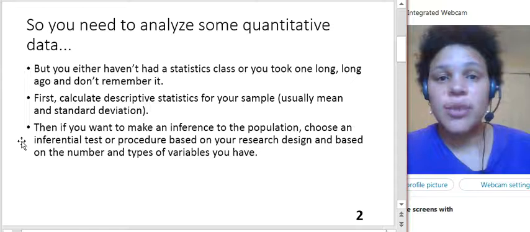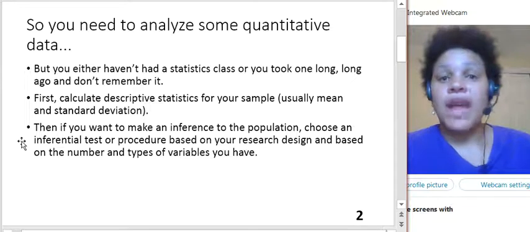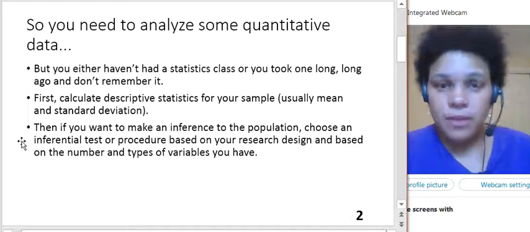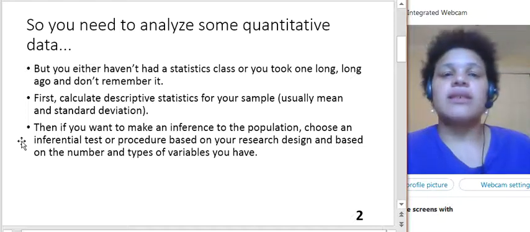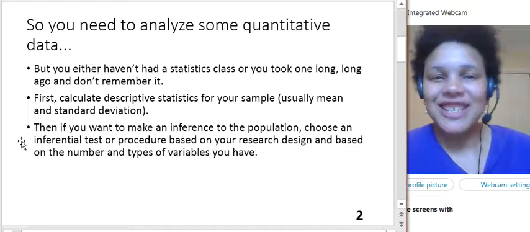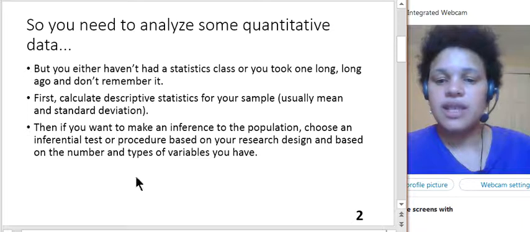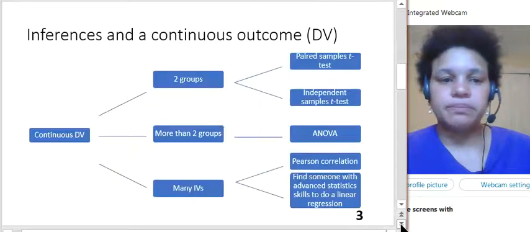Many of the questions that we have, whether it's in education, in counseling, or in sports medicine, for example, can be answered with descriptive statistics if we're focused on answering them for our sample. And then, if we want to make a generalization to a population of individuals, then we definitely would need to use some inferential statistics. So let's see how we choose.